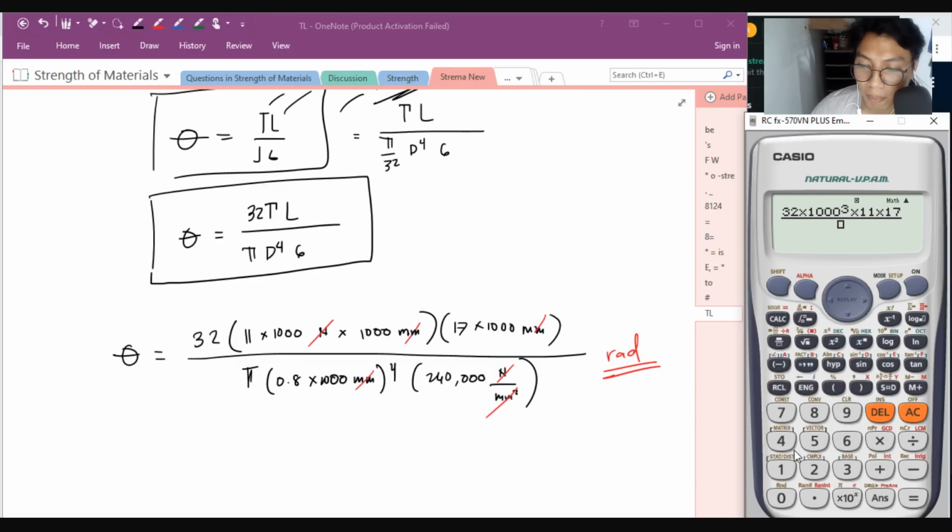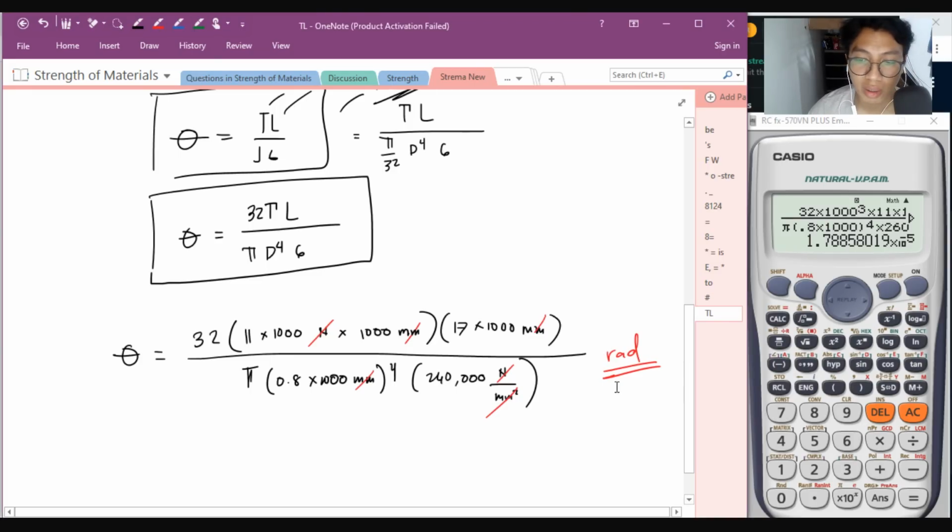So, pi times 0.8 times 1,000 to the fourth times 26,000. The answer will be, okay. So, naka-radian pa to. Multiply ko na lang para hindi tayo mahirapan. Naka-radian pa yan, di ba? Multiply ko na lang ng 360 degrees divided by 2 pi rad.